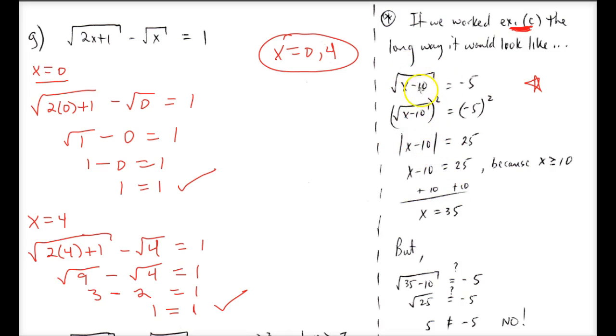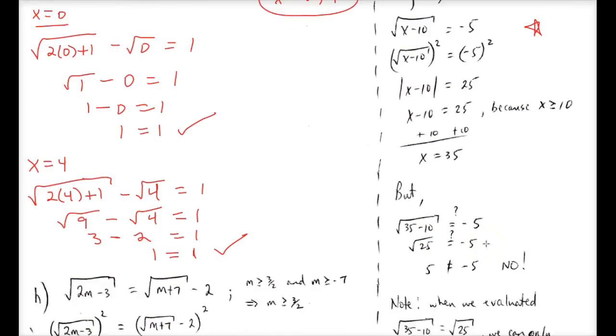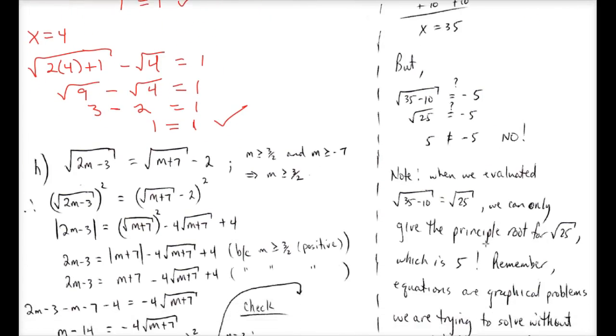But essentially, if we did this by using what we know about absolute value equations, you'll see that this first solution, x equals 35, will end up being our answer if we did it this way. But of course, if we tried to plug it in, we would see that it wouldn't work.